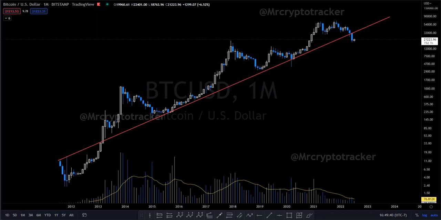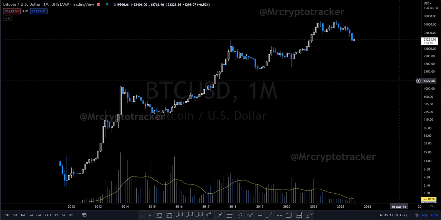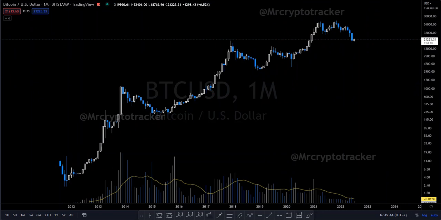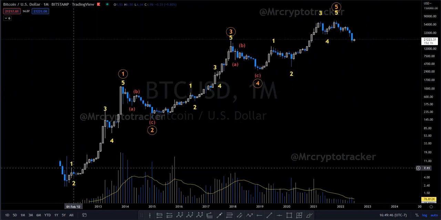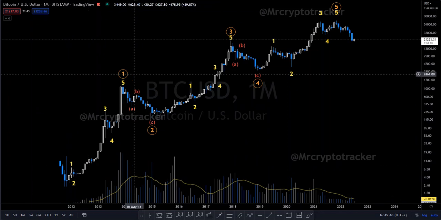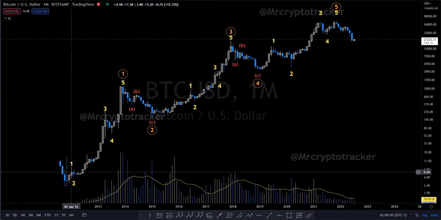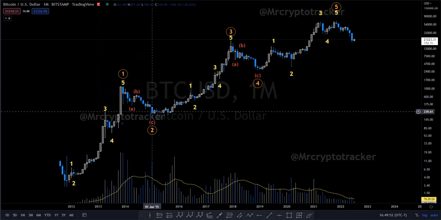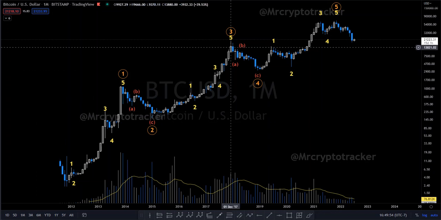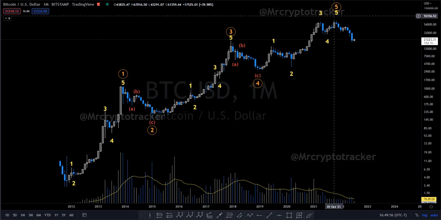I also looked at this chart from the Elliott wave perspective. This is my Elliott wave count here. This is the first big wave, this is the second wave, the corrective, the third wave, four, and this is the fifth wave completed.